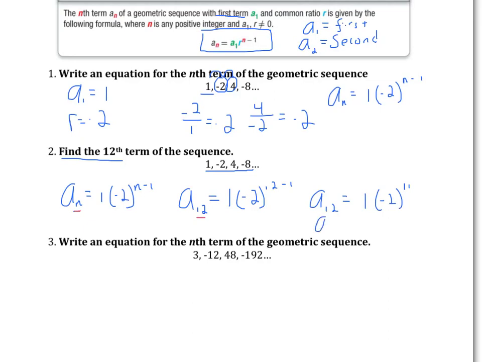So we're going to have a sub 12 is 1 times negative 2 to the 11th, which is going to be negative 2048. And so negative 2048 times 1 is negative 2048. So our final answer is negative 2048. That is our 12th term.